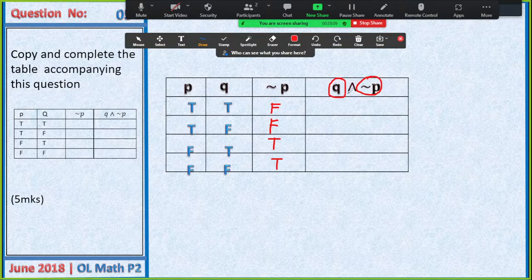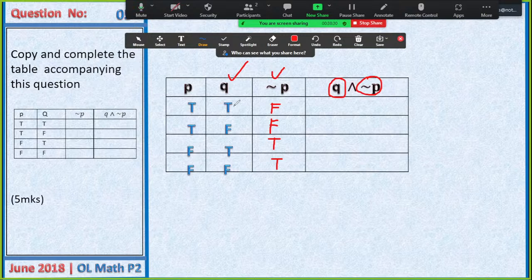The AND statement is the one that looks like intersection. So when this one is true and this one is true, then the AND statement will also be true. Are we together there? Okay, sir, yes. Now, we are working with this Q here, and this is the negation of P.